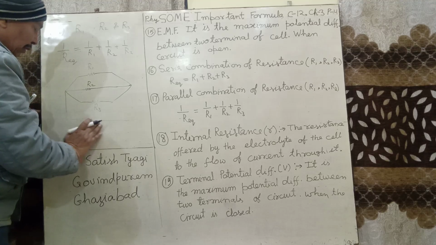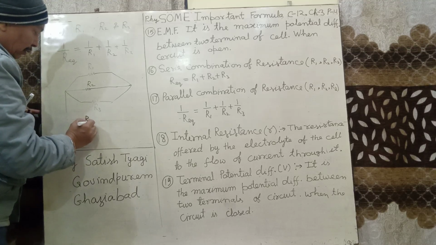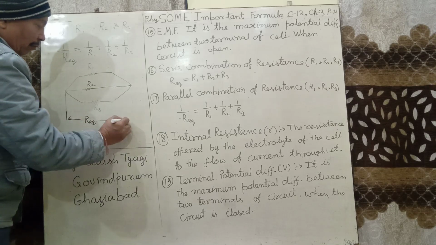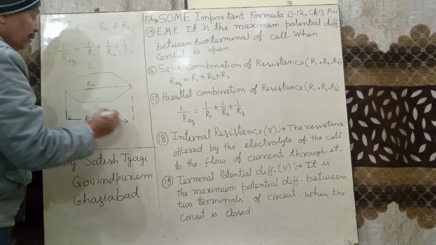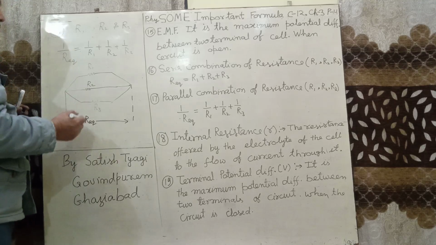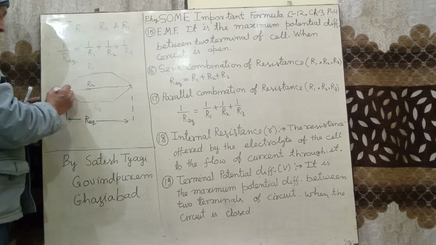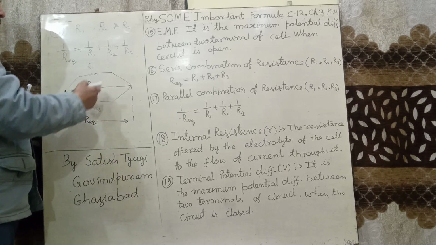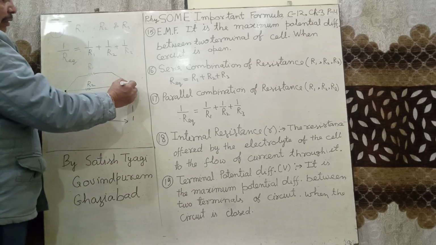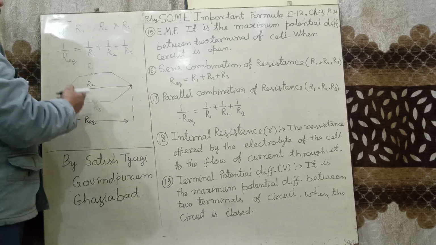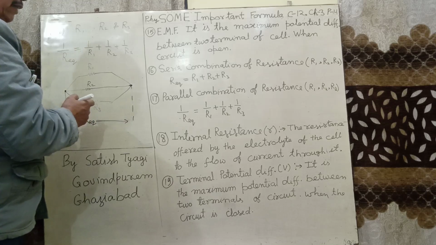In this combination, the first terminals of the resistances are connected at one point and the second sides of the resistances are connected at the other side. This is the way of combination of parallel resistances.